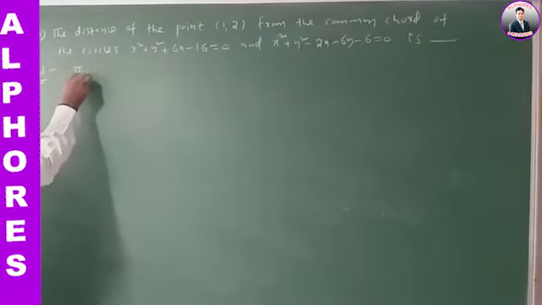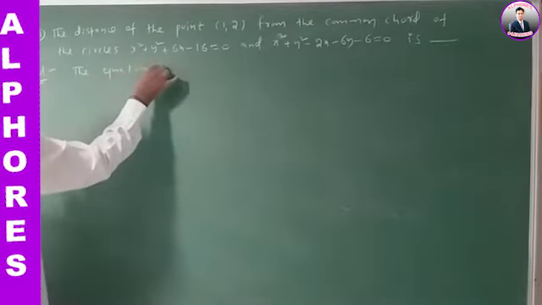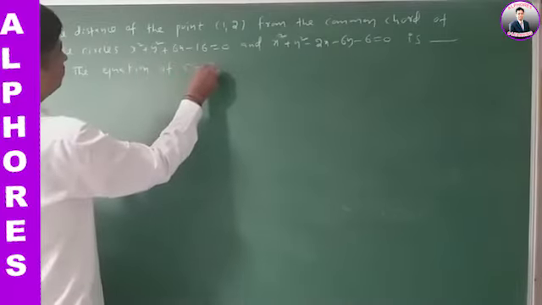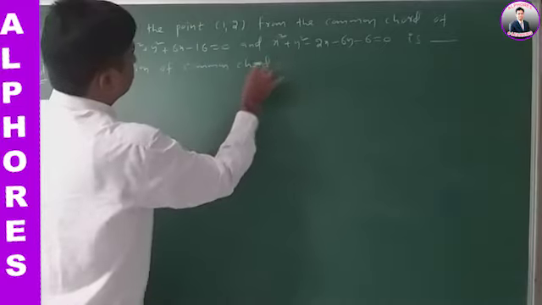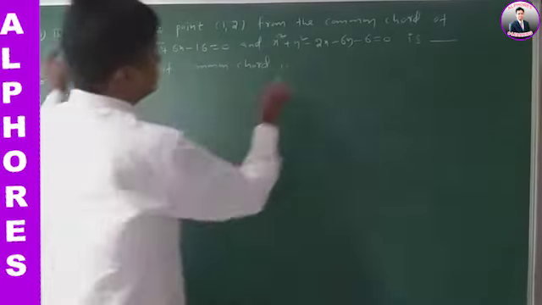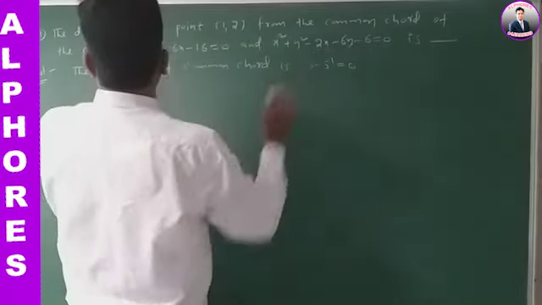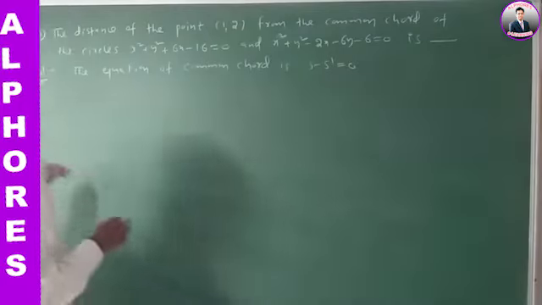The equation of the common chord is the radical axis of these two circles. The equation of the common chord is S minus S dash equal to 0.